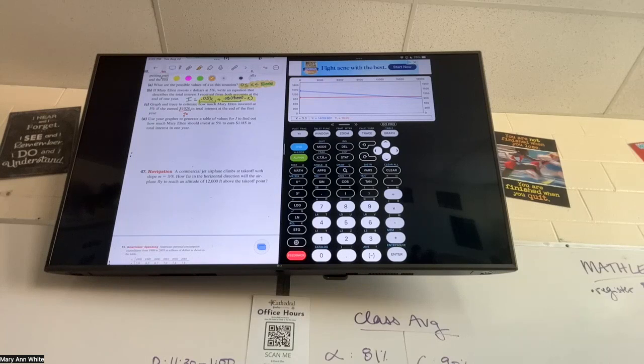Good, and then X max, we just said that the biggest you could invest in one account is 18,000, so I need my X to be at least 18,000. And then your Y max, the horizontal line you had is 1,020, so I went to 2,000, so I could definitely see that intersection. You good? Did I help you well? You good, Kate? Yeah, you got it.